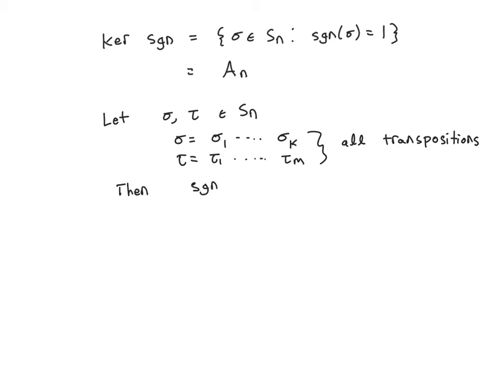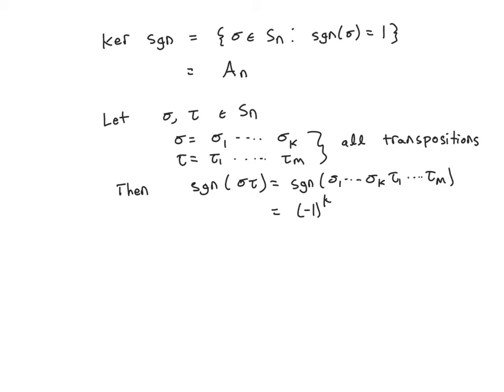And what's the signature of this product? Well, it's the signature of this one, so it's -1. The point is sigma 1 through sigma k times tau 1 through tau m is in fact a factorization of sigma times tau into transpositions as well.